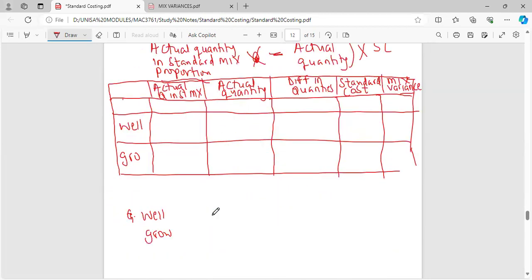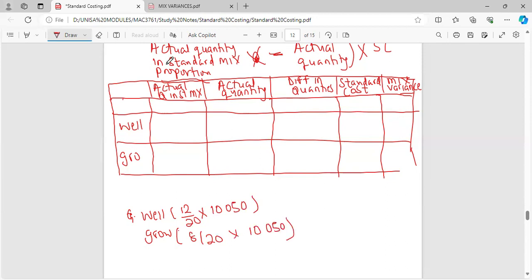So what you now do is you are going to say 12 for well. So it's going to be 12 over 20 times 10,050. That is for well. Then for grow, it's going to be 8 over 20 times 10,050.